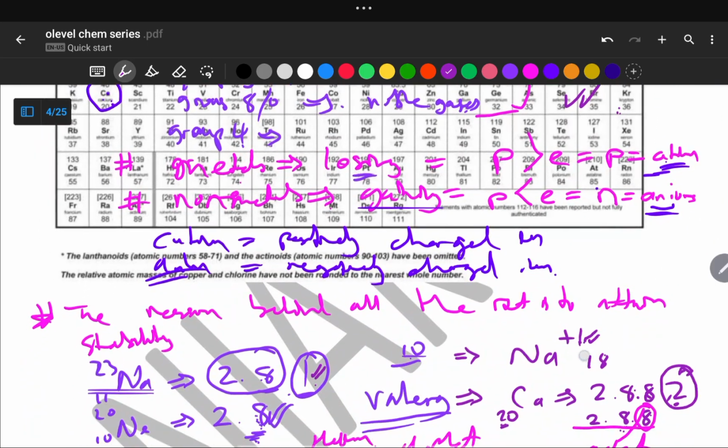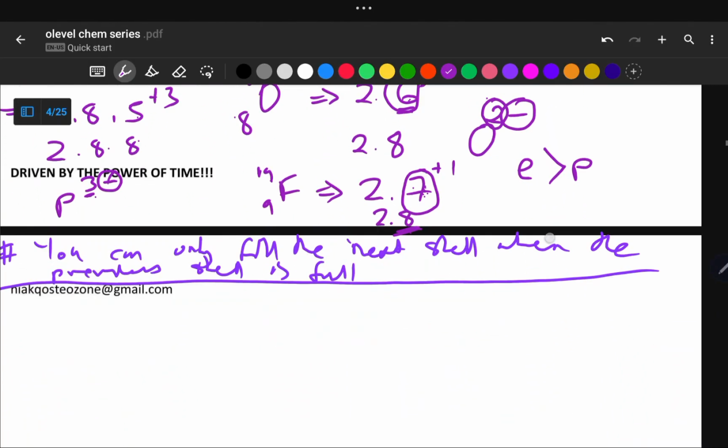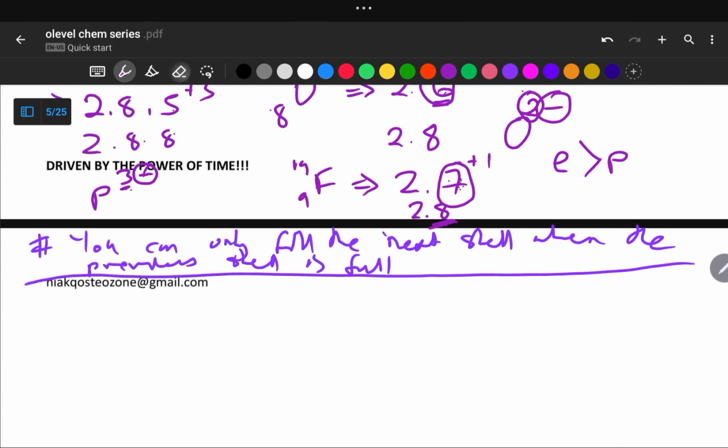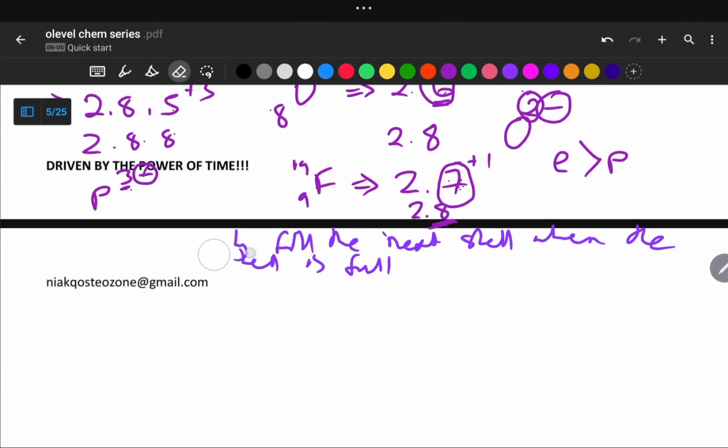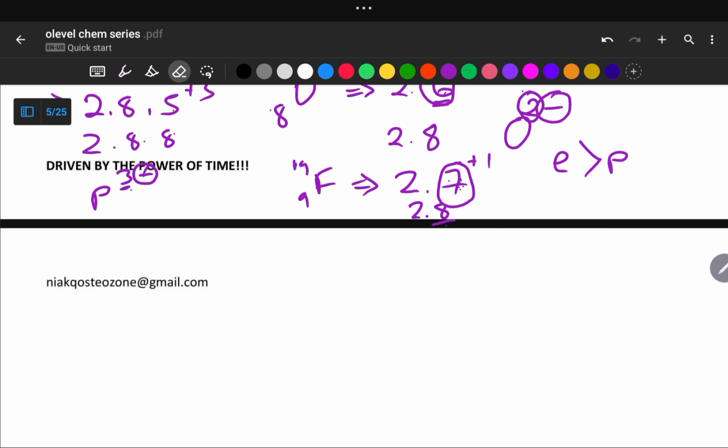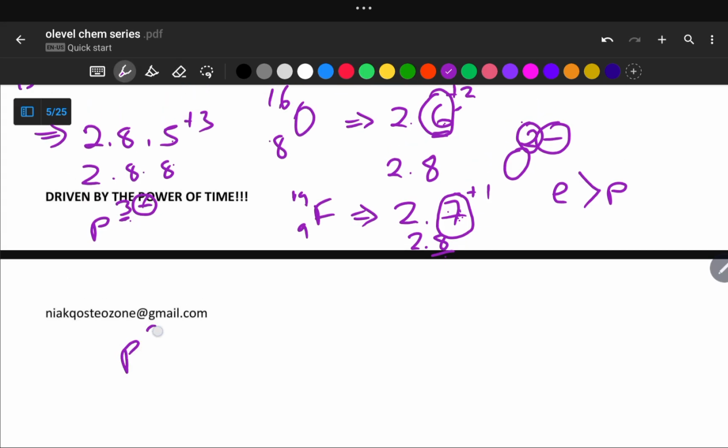So we go on to the next part of the session. So we have written the phosphorus ion, that's what we call the phosphide ion. So at times you'll be required to give the electronic configuration of the phosphide ion.